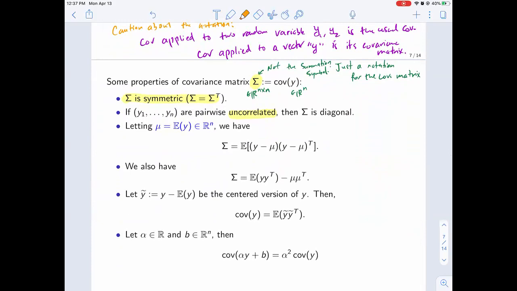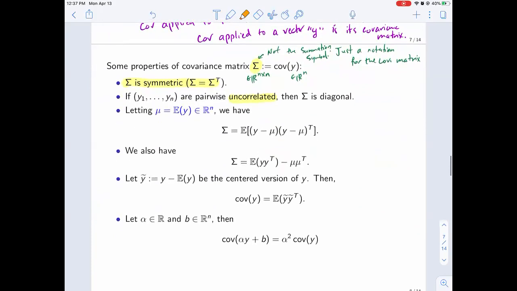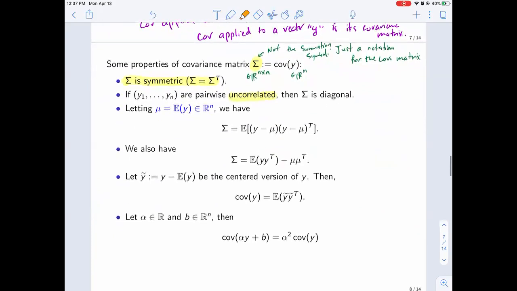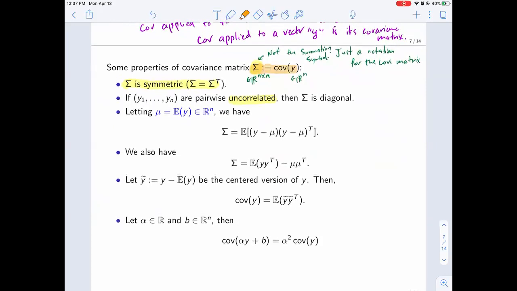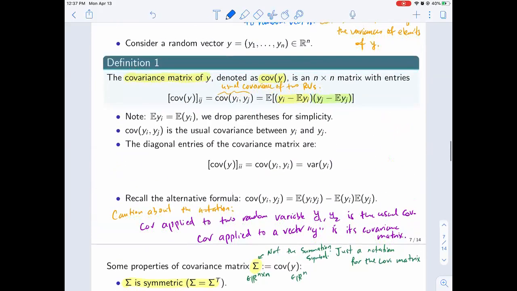Now a couple of properties of the covariance matrices are listed here. I'm calling the covariance matrix sigma. That's the notation for the covariance matrix. It's not a summation, as I pointed out. A covariance matrix is a symmetric matrix. The reason is that the definition is symmetric: if I interchange yj and yi, the covariance doesn't change.